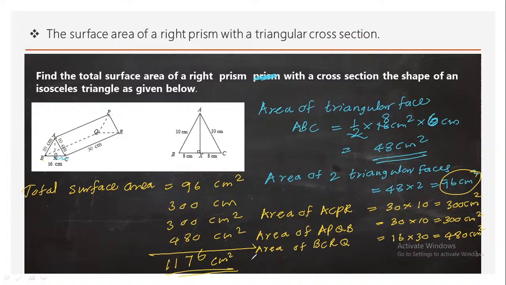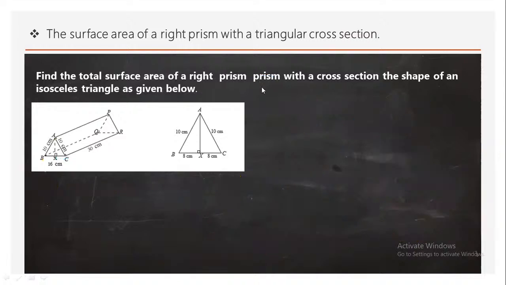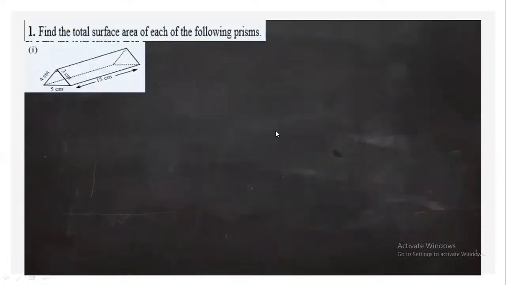Now let's do the exercise. Find the total surface area of the following prisms. First one: 4, 5, 3. The 2 triangular cross sections are here. This is a right angle, so it is easy for us to find the area of the triangular faces.